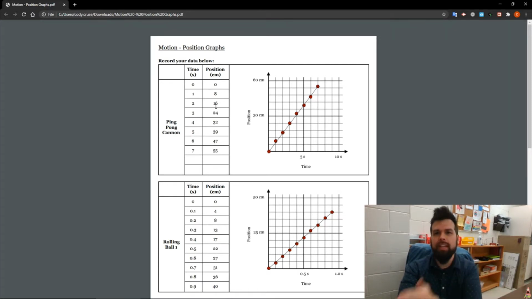How does that translate to the graph, though? Well, to find 3 seconds on the graph, I'm just going to look at my x-axis because that's where I've plotted time. This is 5 seconds, this is 10. So I can go, let's see, 1, 2, 3. I'm 3 seconds over. And then I just come up to where that meets the line that we've graphed, which is at about 24.